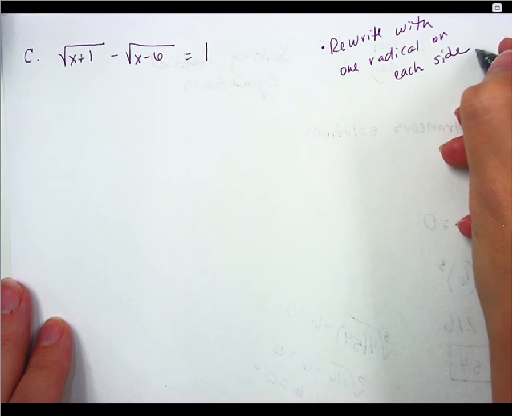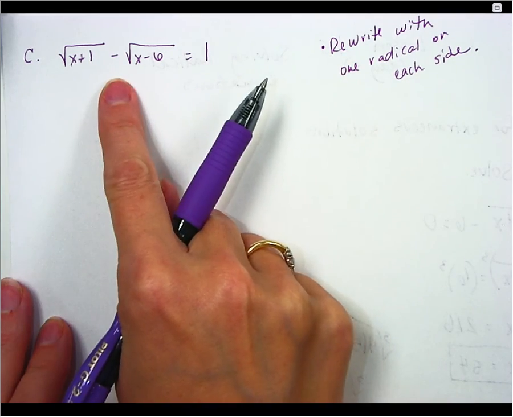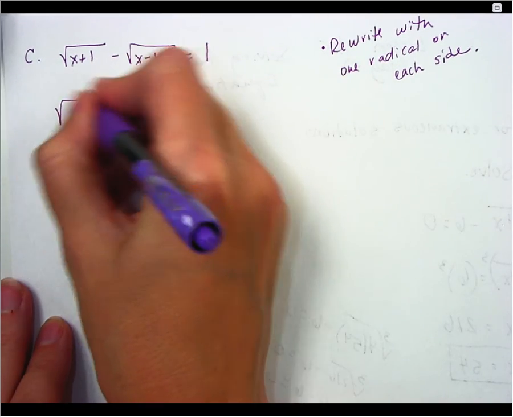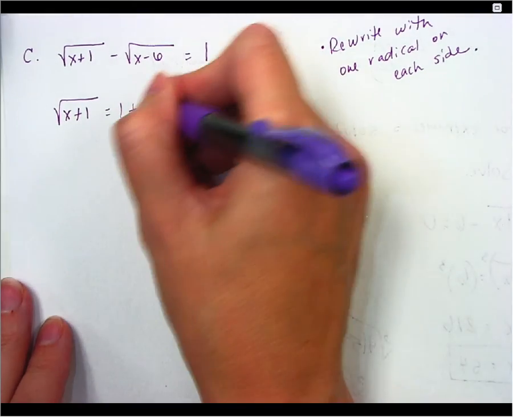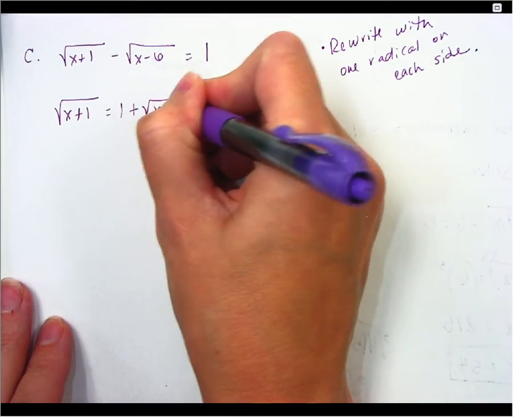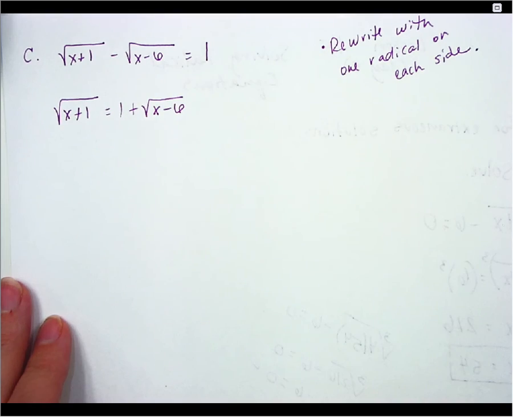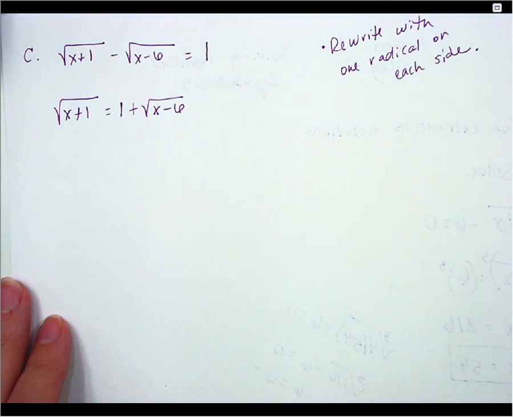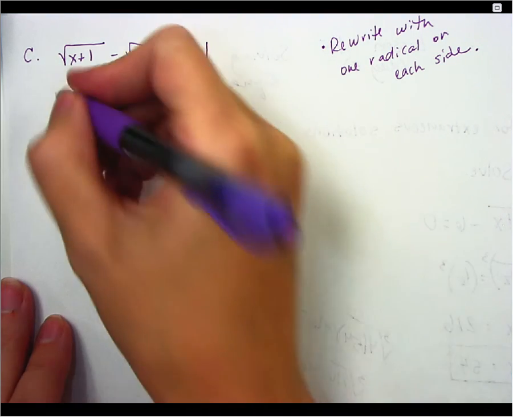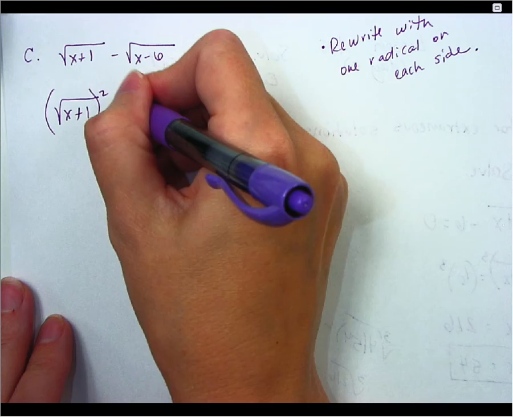Okay, so it'll be easier to move the one over that's negative. Okay, so we're ready to square both sides.